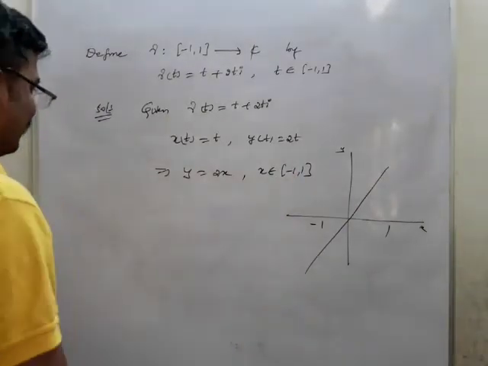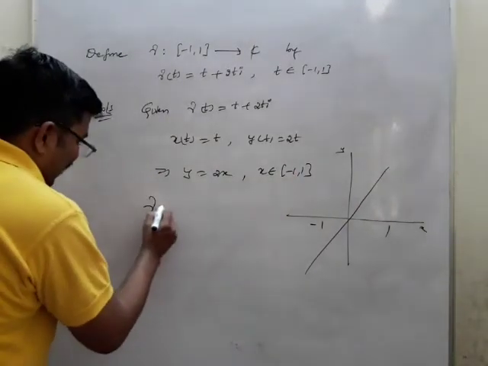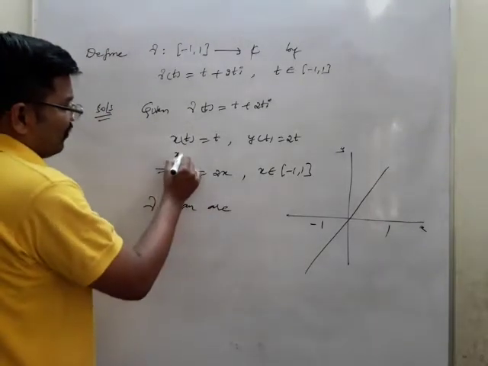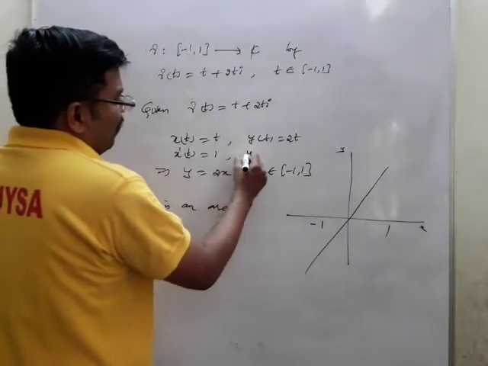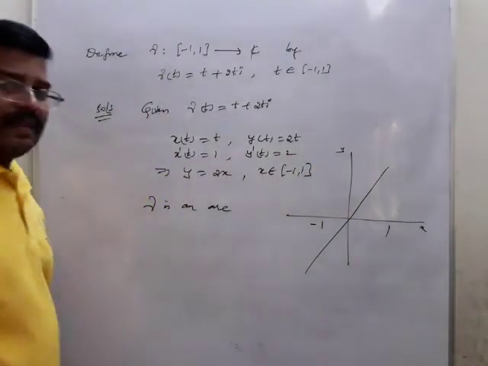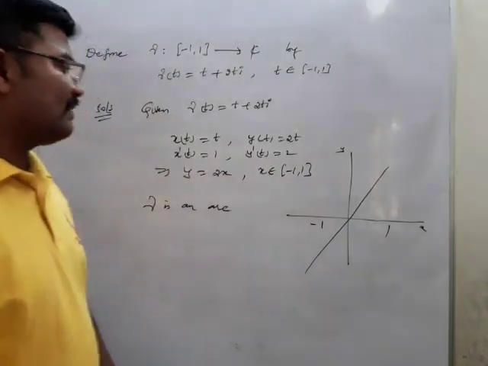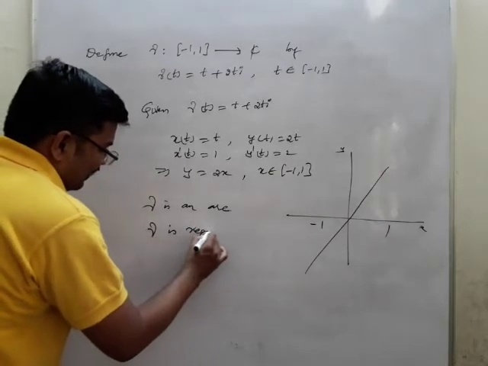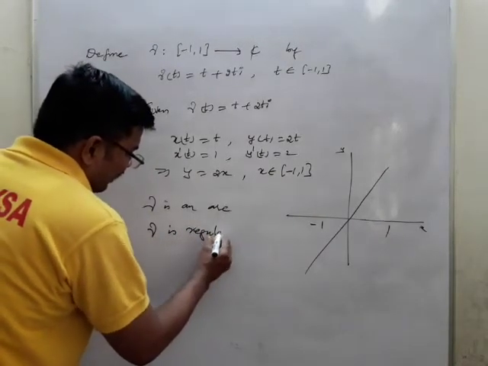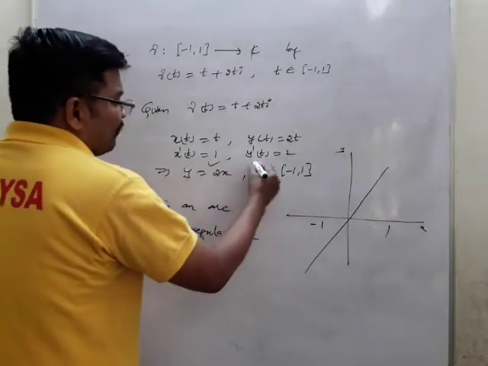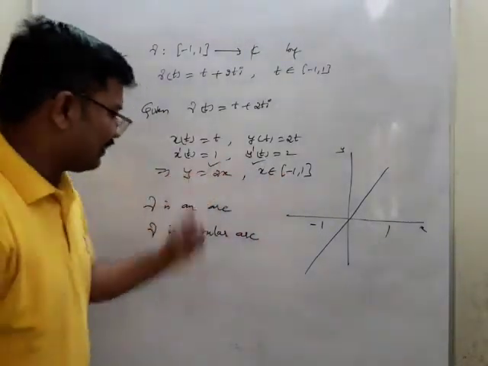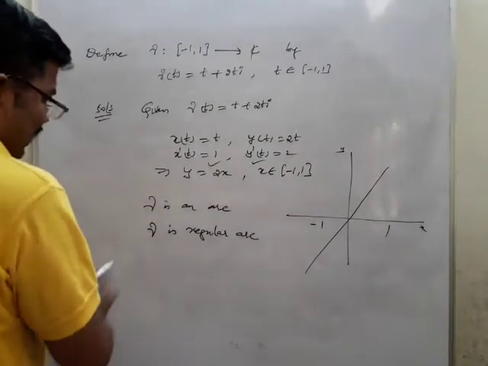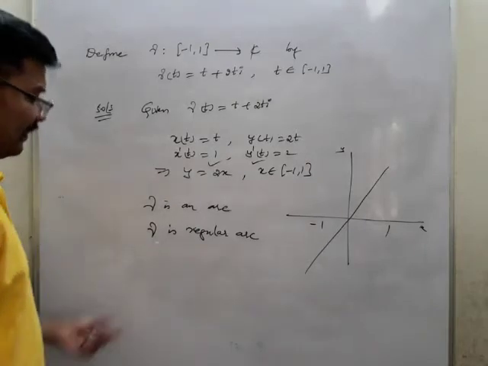Now this is what is given. So gamma is an arc, and you can see that x dash of t is going to exist. X dash of t is equal to 1, y dash of t is equal to 2. Since x dash of t exists and y dash of t exists, gamma is a regular arc, because these two exist. Now, gamma is an arc, but is it one-one or not?